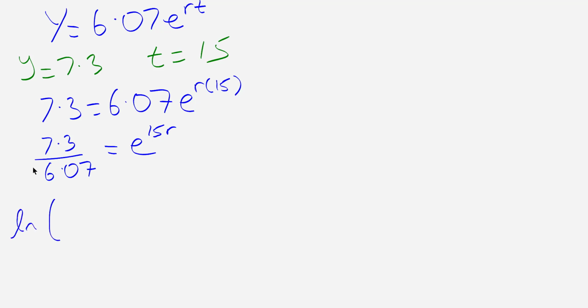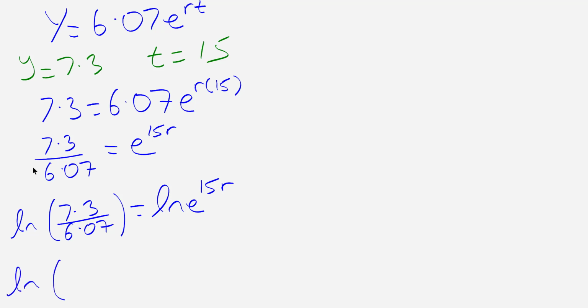So the ln of 7.3 over 6.07 equals the ln of e to the power of 15r. So the ln of 7.3 divided by 6.07 equals simply 15r.